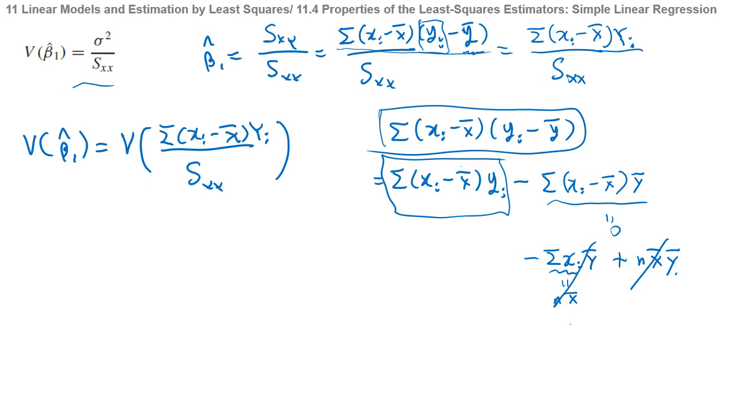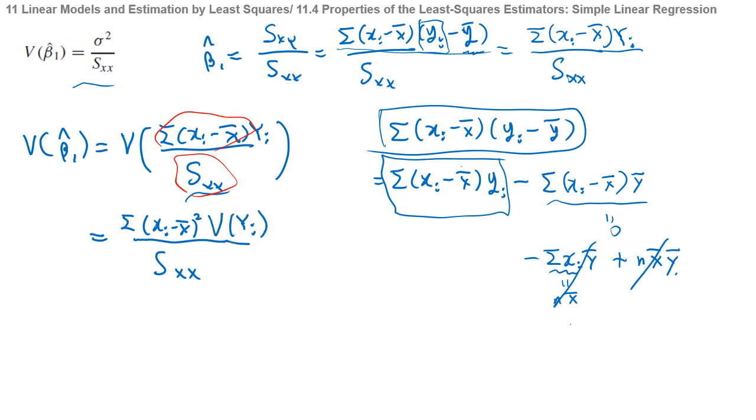Here, these are constants, so this thing becomes 1 over Sxx, the sum of (xi minus x bar) squared, and the variance of yi.